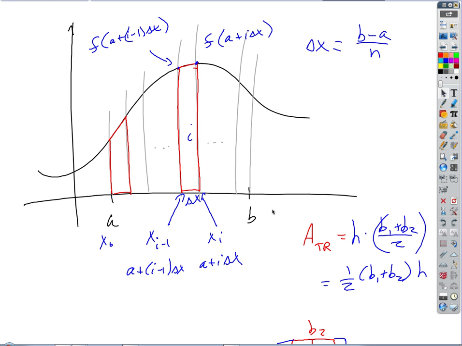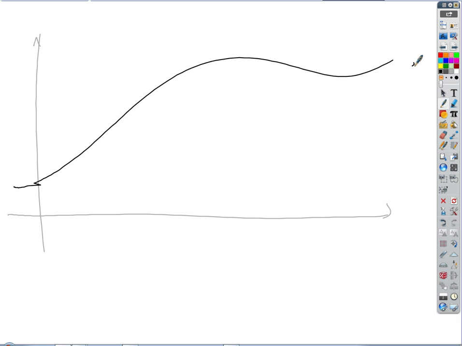Let's redraw this. So here's our function, and we're going to go from a up to b.